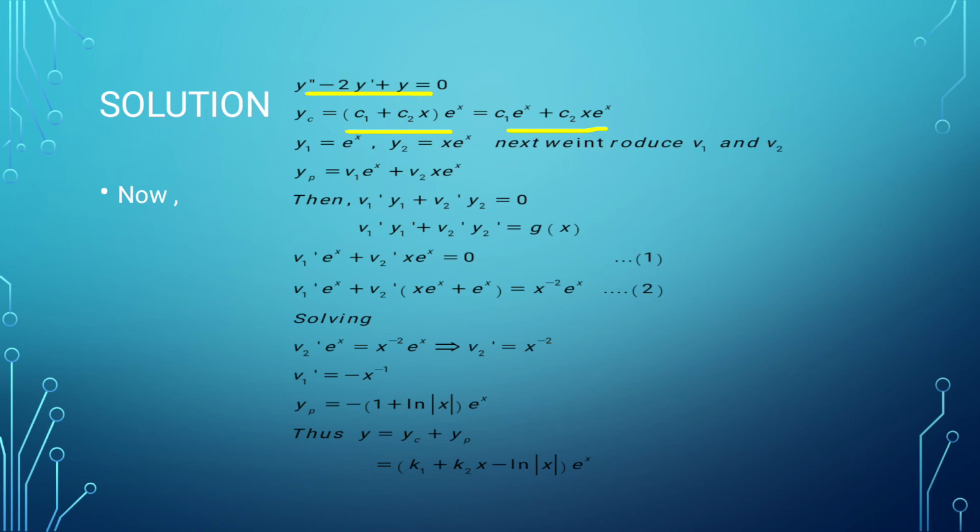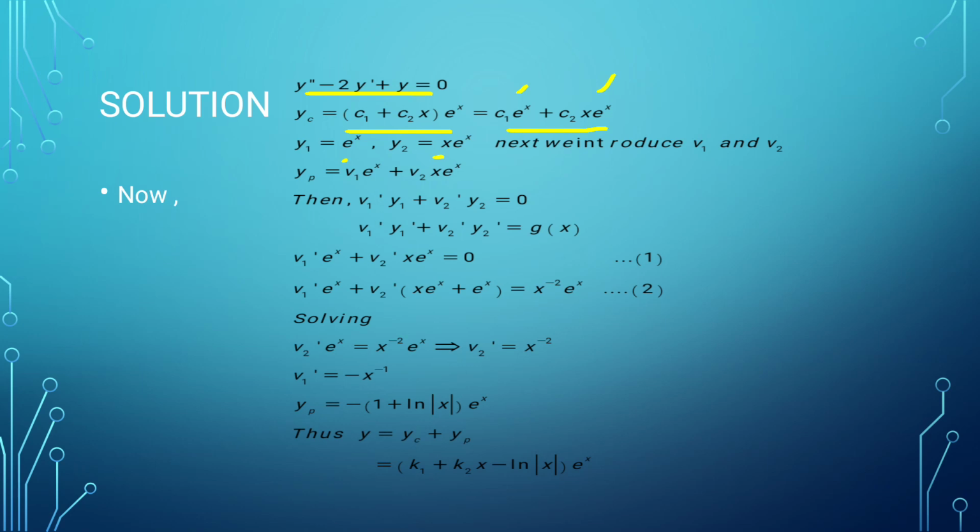So if you take the yc and compare with the general yc using the variation of parameters method, you'll find in the first case y1 is e^x. In the second case, y2 is x e^x. So you can now take them like this.